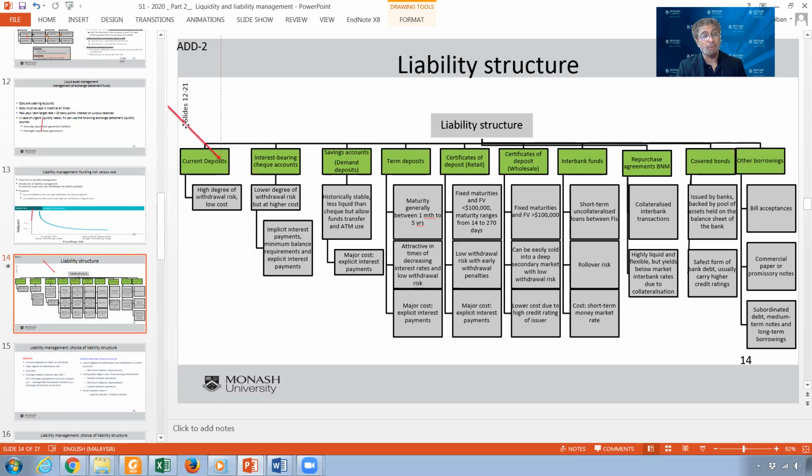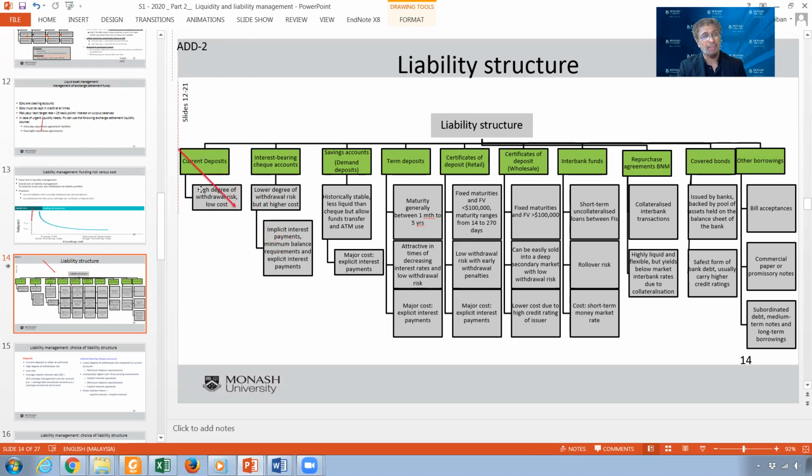So you have current deposits. Think about it from a liquidity issue and from their cost. They have a higher degree of withdrawal risk, but they are low cost. Interest-bearing check accounts are the same thing, a low degree of withdrawal, but they have implicit interest. You pay for this.